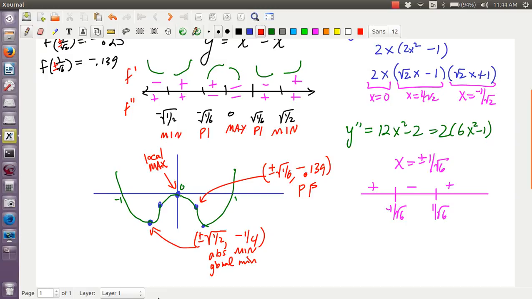Okay, so you need to label things one way or another, and if you choose not to label them that way and not to put them there, like up above like I did, then you can do something like this. You can say, well, this is at negative 0.25, and this can be negative 0.139. That's very sloppy. I need to fix that, but there we go.